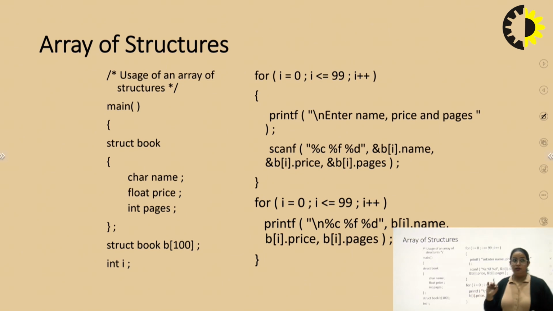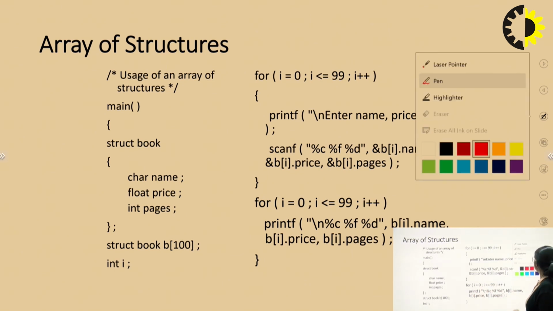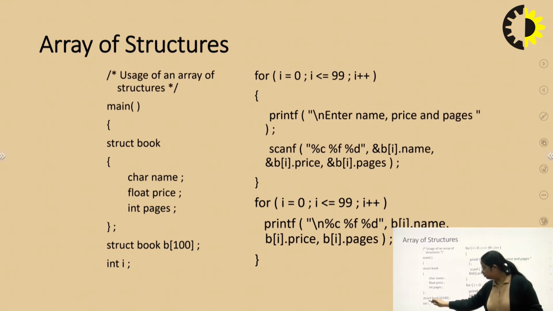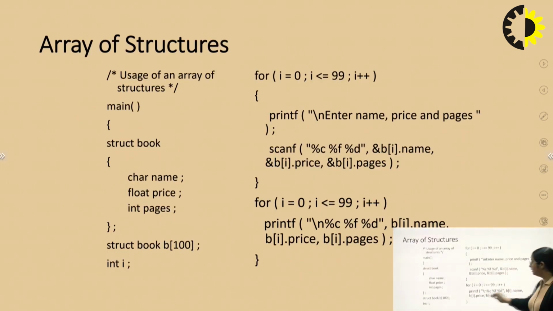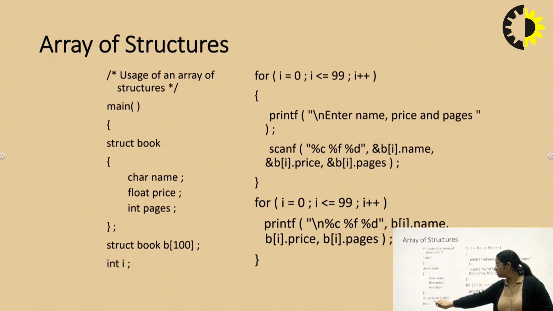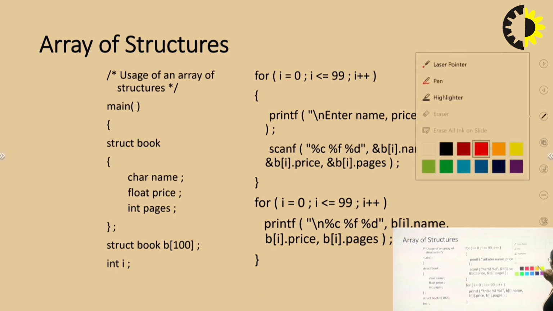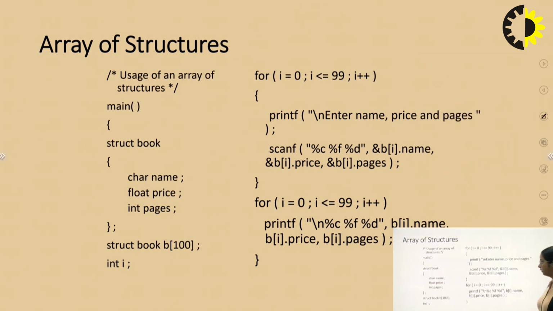Okay. So for an array of structure, we have to declare an array. How can you declare an array? With the help of struct book. So here we are just creating an array of structure type. That means struct book, and we have to store the information of 100 books.